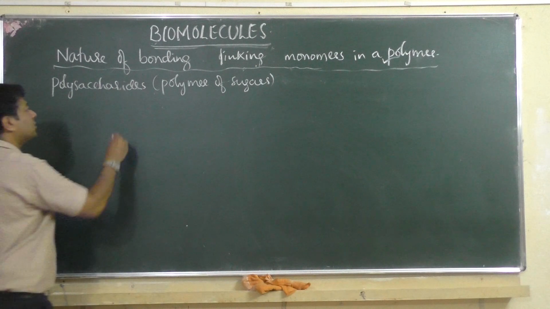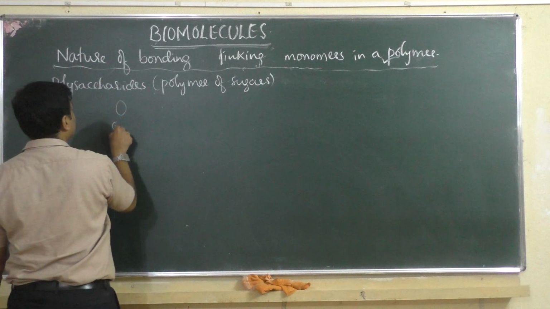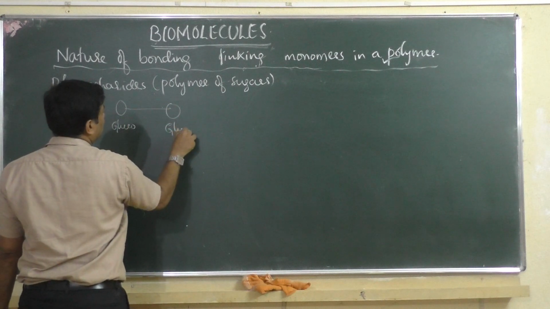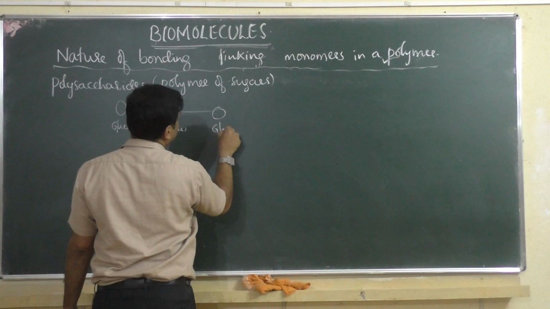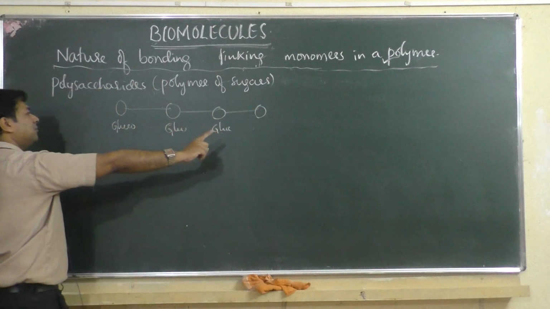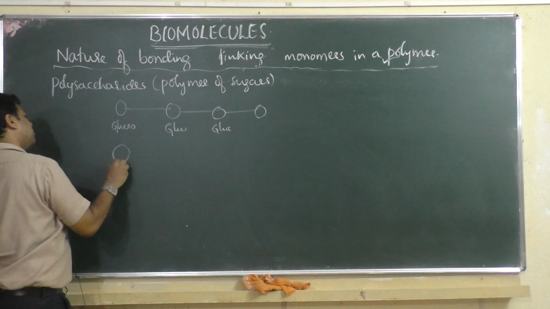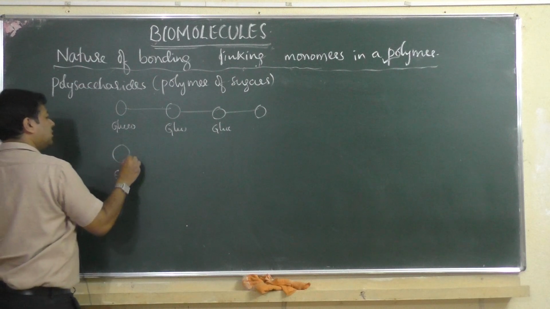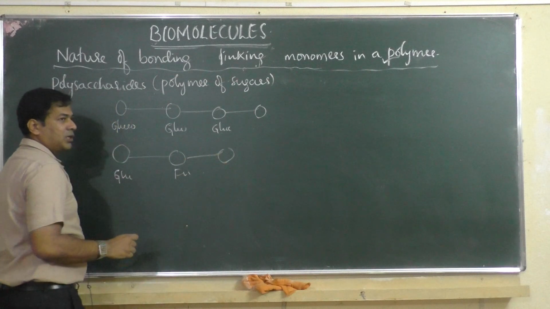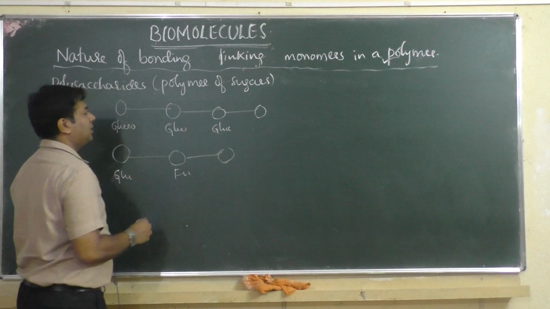Individual monosaccharides, like this is suppose glucose, joins to one more glucose, joins to one more glucose, joins to one more glucose. This is a homopolymer where the same monomers are repeated. Suppose this is glucose, then there is fructose, like that different monomers join, then it is a heteropolymer.